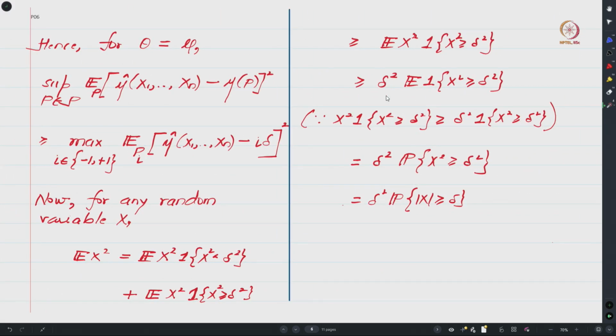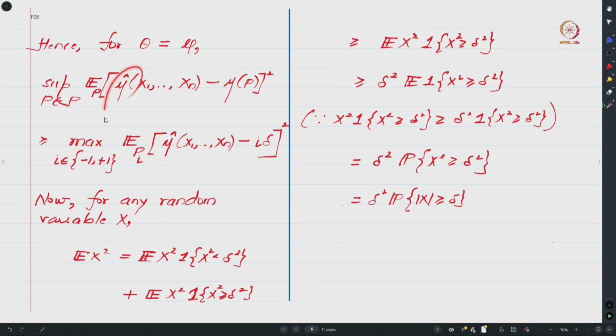Alright. So for theta equals mu, we are now going to focus on estimating the mean of this underlying distribution. The worst case error for any estimator mu hat, I am using mu hat in place of theta hat to emphasize that we are now focusing on estimating the mean of this unknown distribution p.